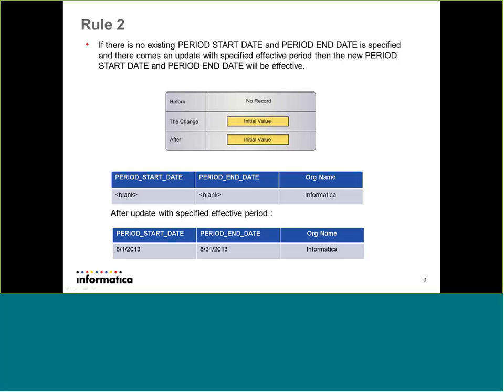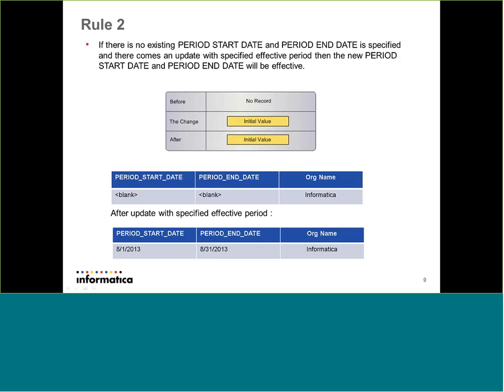So this rule is straightforward. When you have infinite active data, you can shrink the dates to a period which is applicable for the business. So you can just send an update for the period start date and end date that decides the activeness of that particular version of the record.